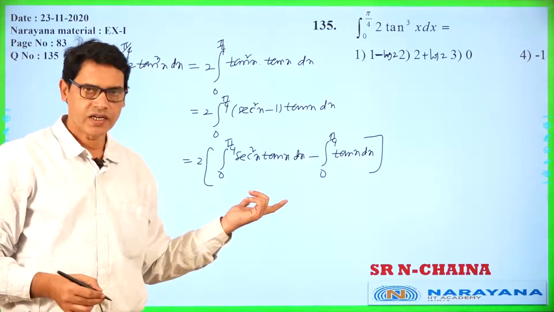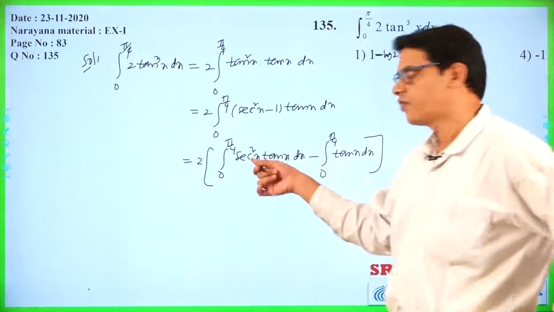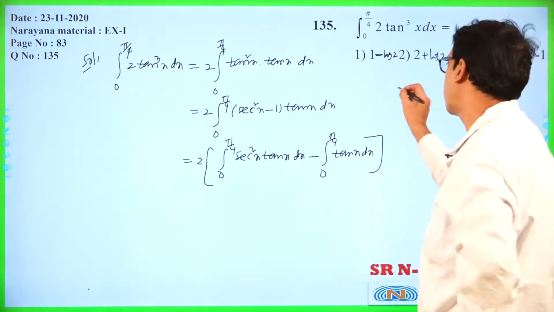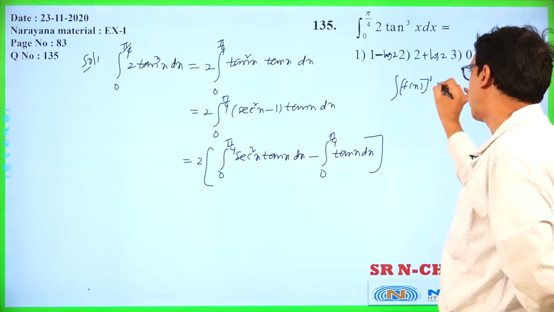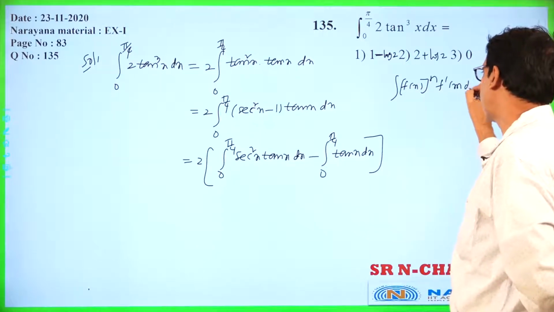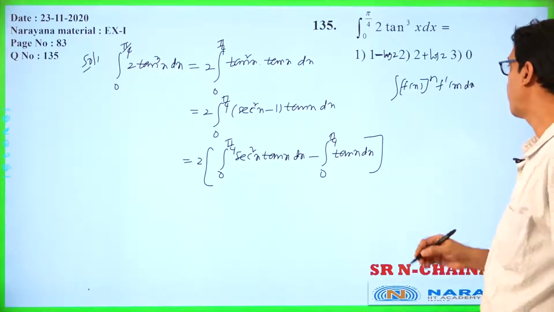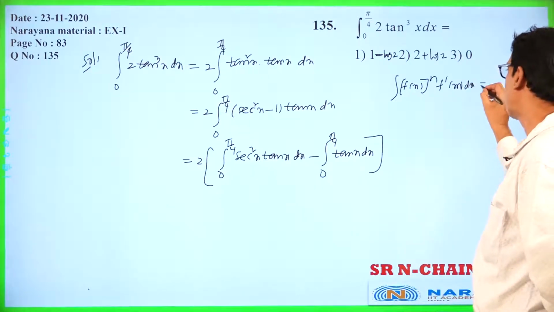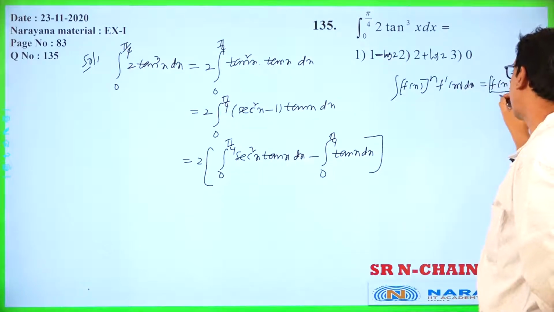You can say the answer directly, because we did so many problems, no? So it is in the form of the integral of f of x whole to the power n into f dash of x dx. That is f of x whole to the power n plus 1 by n plus 1.